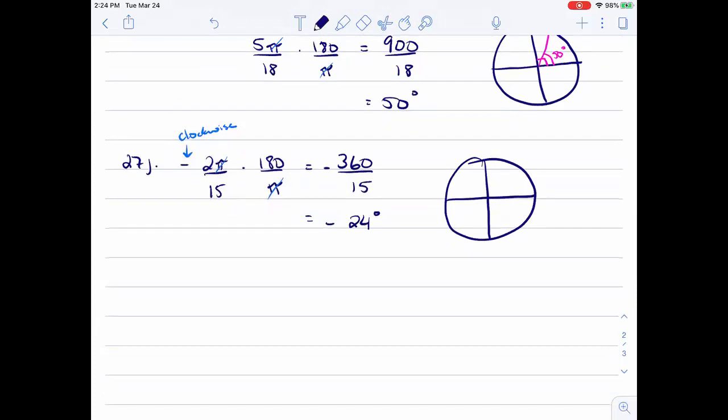I know I'm going in the negative 24 degrees. If I think about it, a quarter of this is 90 degrees, and then half of that would be 45 degrees. What I want is probably half of that, ish. Half of that would be 22 and a half, so maybe I have to go a little bit more. Negative 24 degrees. Okay. So it would look something like that.